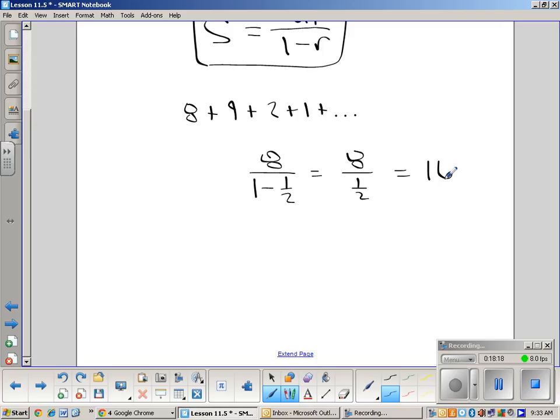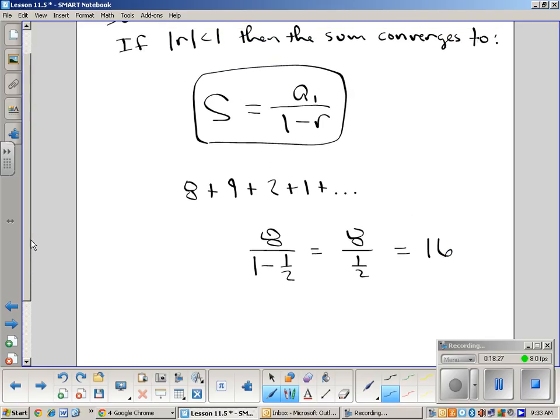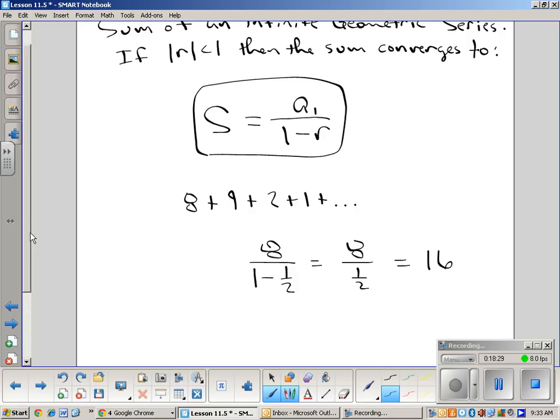If I had enough of those, I could almost do a load of laundry. All right? So that's how we use this formula for a geometric infinite series that is converging. Okay? There is no formula for one that diverges.